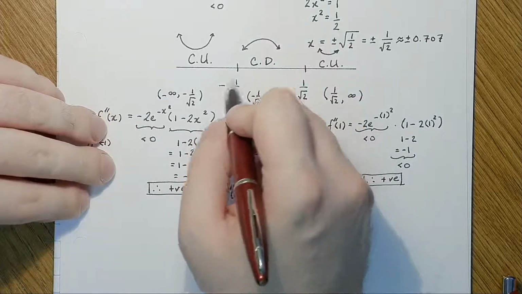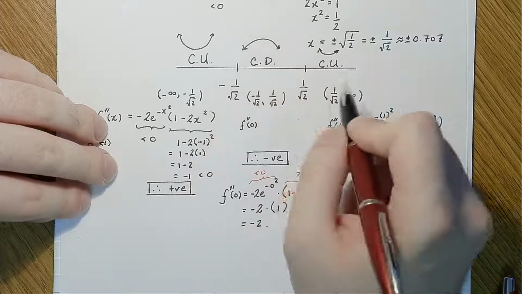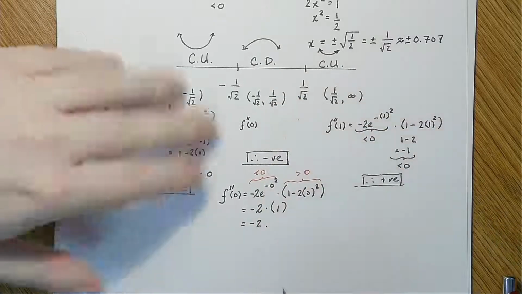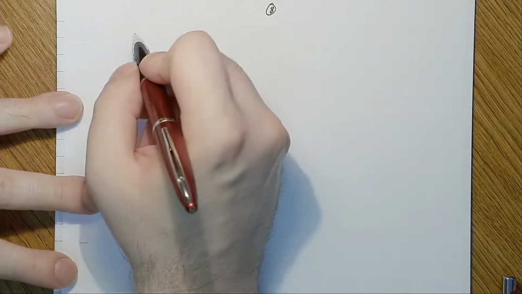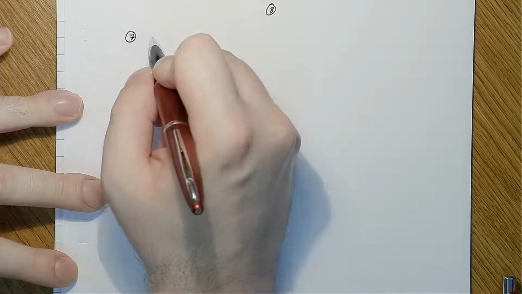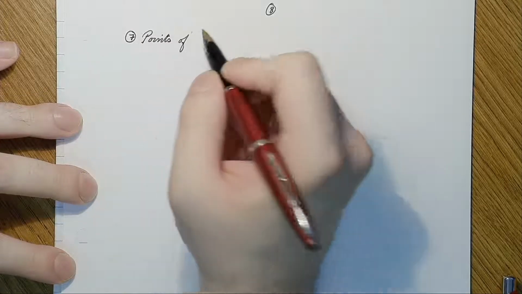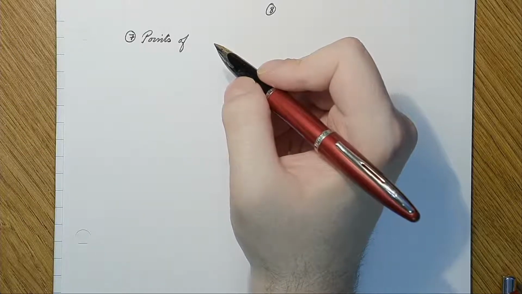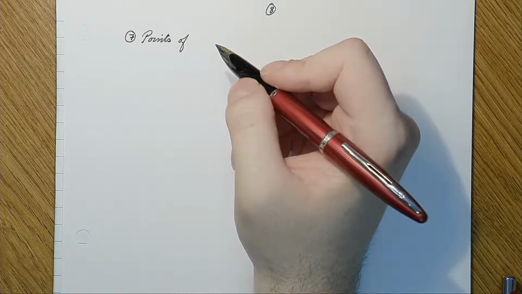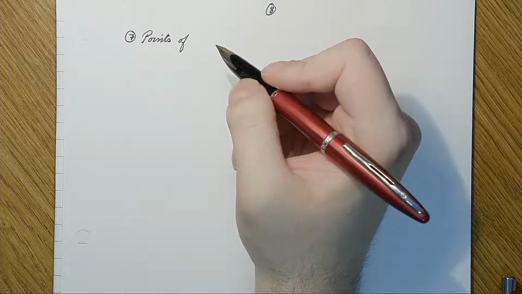So the points occur when x equals minus 1 over root 2 and 1 over root 2. To confirm, e is always positive when the coefficient is positive, and e is always negative when the coefficient is negative.